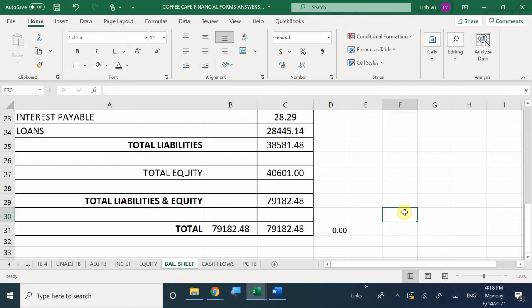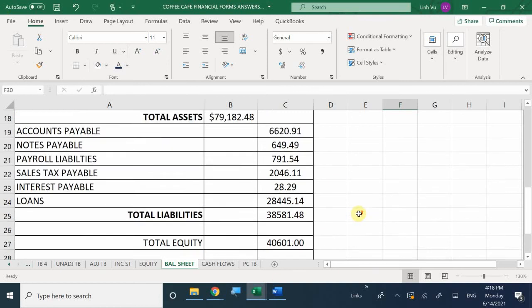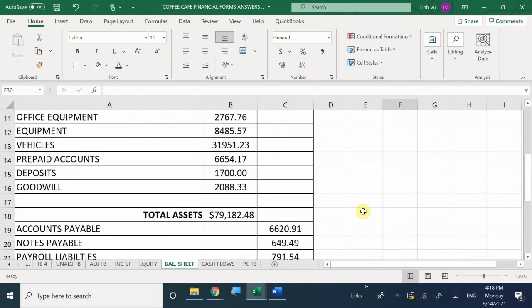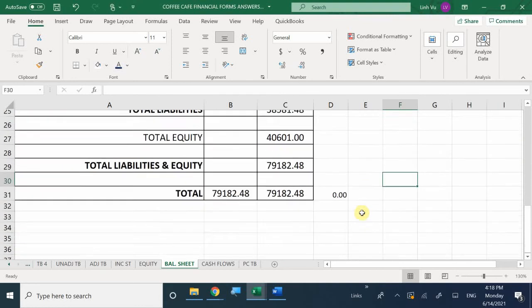I just took the two numbers down and put them next to each other so I can see that they're the same. It's optional. You don't have to do it if you already have your total assets and your total liabilities plus your equity. I just do it so I know for sure that they are matching side by side. All right, so excellent. Once again, our accounting equation works out. So there's no discrepancy there.